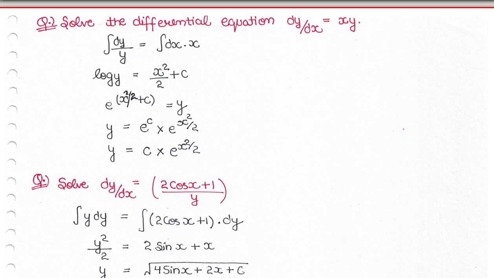So solve the differential equation dy/dx is equal to xy. So we can write dy/y is equal to x dx, or integration of dy/y is log y is equal to x square by 2 plus c, or e to the power x square by 2 plus c is equal to y, or y is equal to c into e to the power x square by 2.